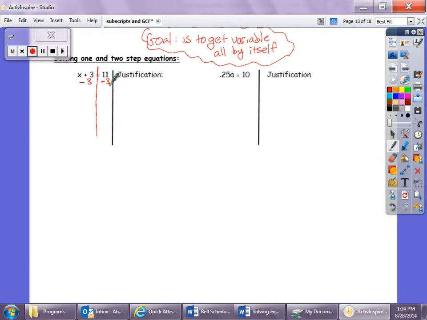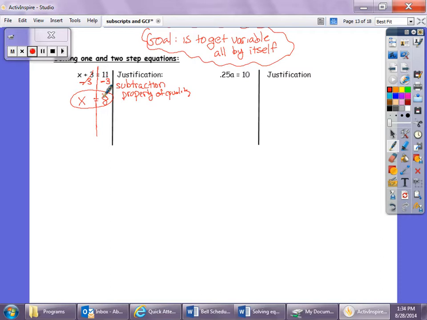The thing that allows us to do that, if we think about our properties, is our subtraction property of equality. So since we can use that property, we cross off our 3, so we have x on this side, 11 minus 3 is equal to 8. So now we have our solution, x is equal to 8.